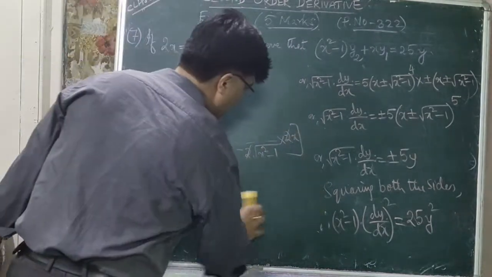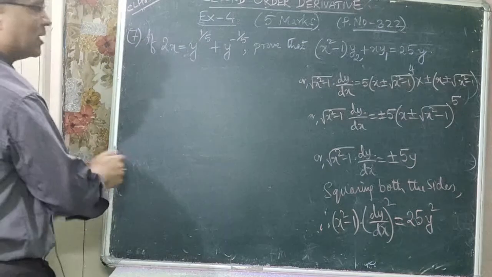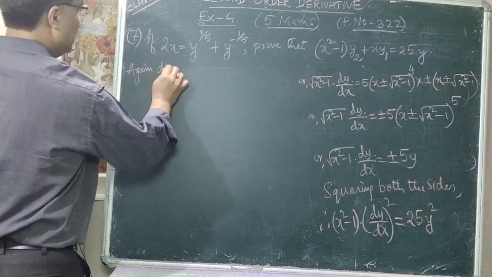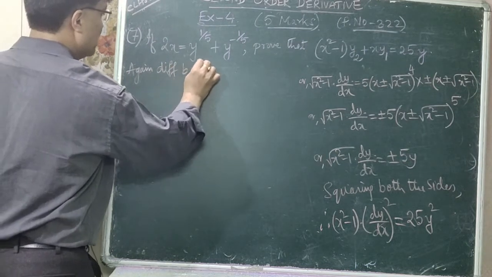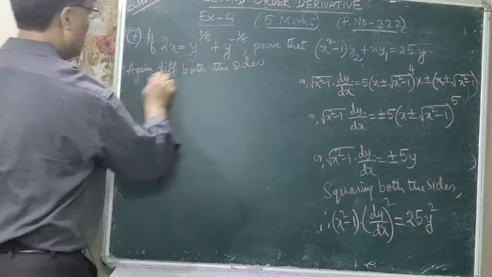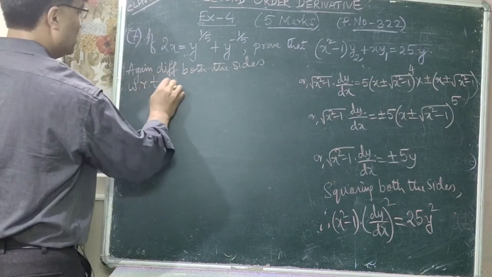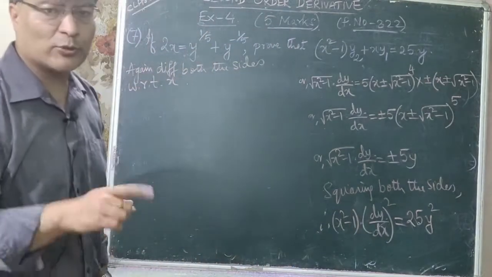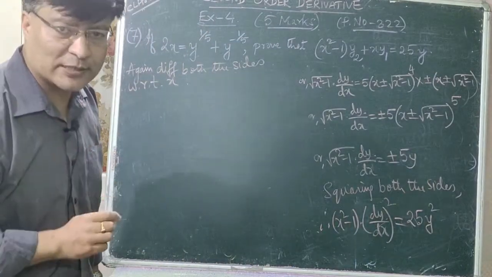So write down. Again differentiating both the sides with respect to x. Okay. So we can use the UV rule. dy by dx whole square means dy by dx into dy by dx.